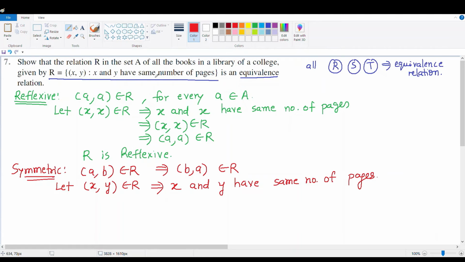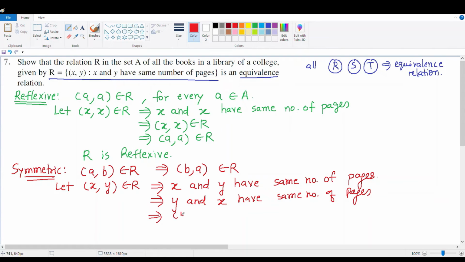Why? Because that's the condition. If you have (x, y) in R, that means x and y have the same number of pages. So can I write this same truth this way, that y and x have the same number of pages? Is this correct? Of course, if x and y have the same number of pages, then y and x have the same number of pages.